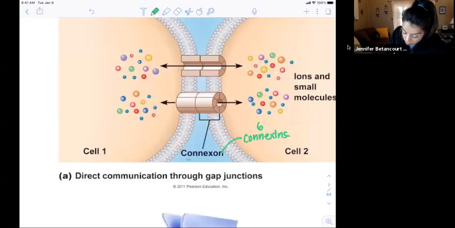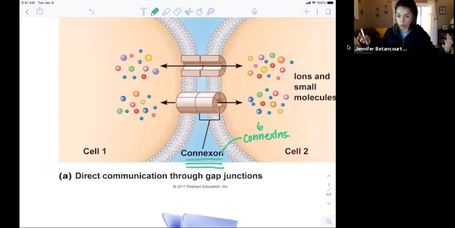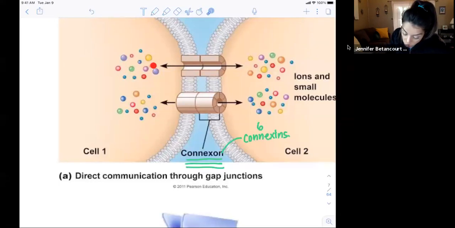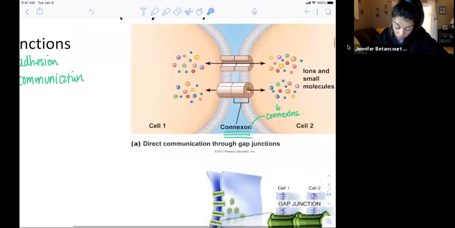And that tube is called a connexon. So this tube has the ability to allow small ions and small molecules to travel from one cell to the next. And that's essentially your gap junction.